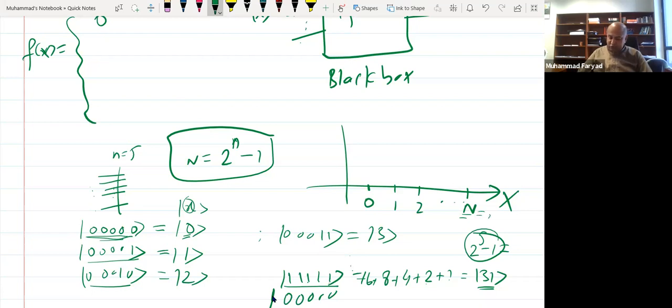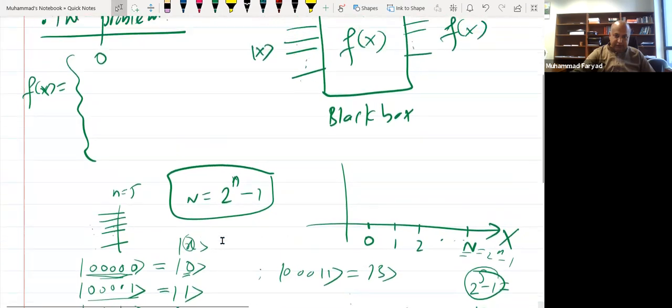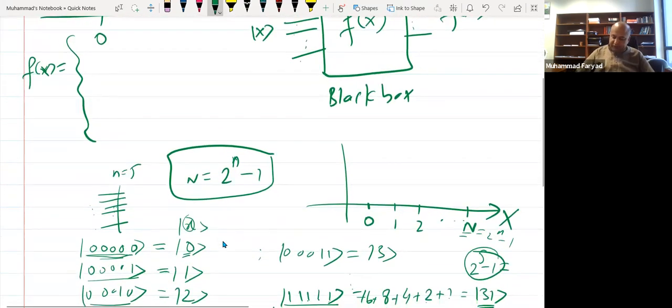Okay, so when I say that the input is anything either 0, 1, 2 all the way to N, what I mean is that the input is a binary string and the decimal value of the binary string would be 0, 1, 2 all the way to N.